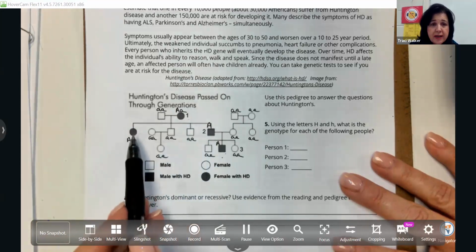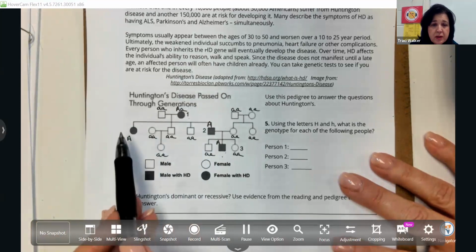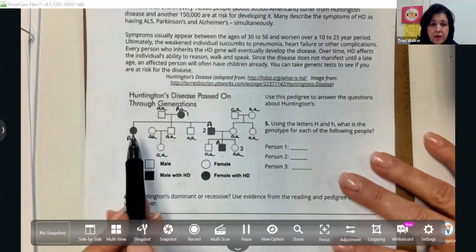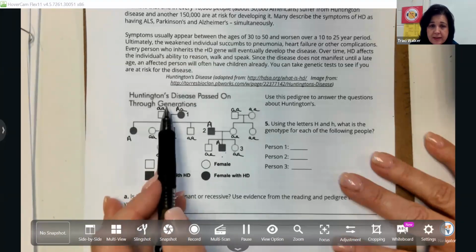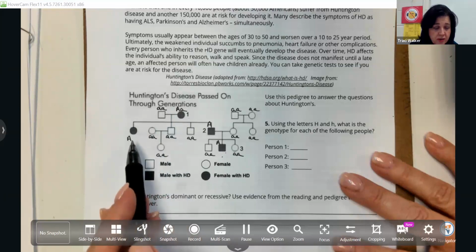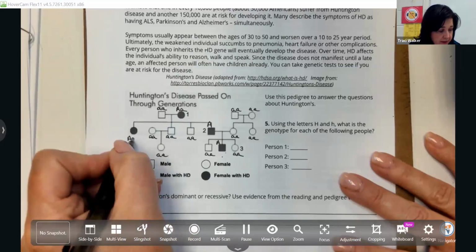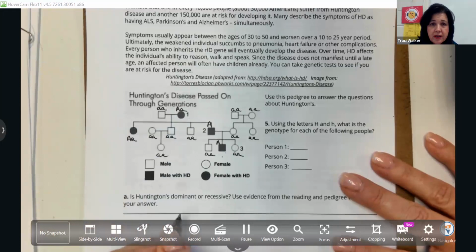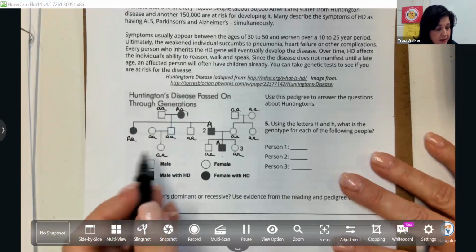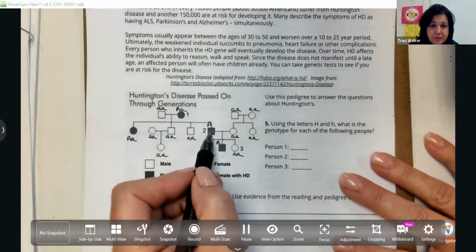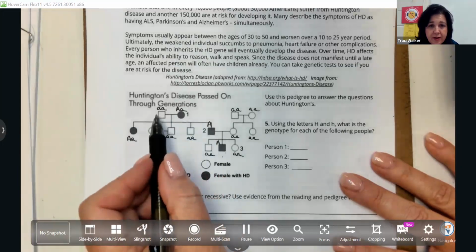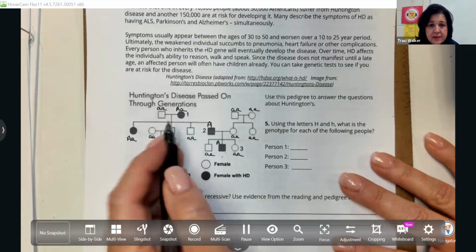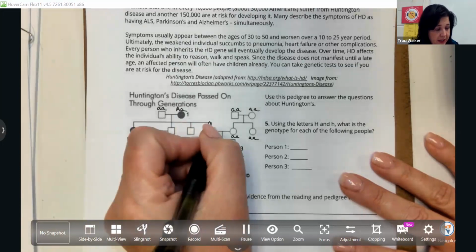Now if we look at this one right here, although this one has Huntington's disease, this one's father does not have it. So that means this girl is a carrier. And this male has a father that has 2 little a's, so he is also a carrier.